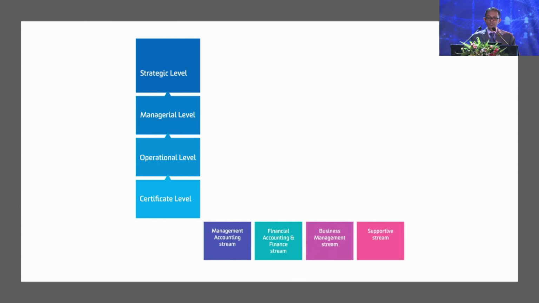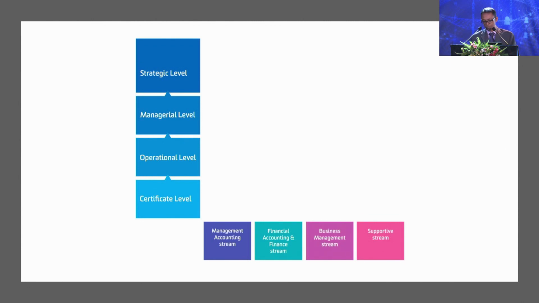The subjects are organized into 4 levels from certificate to strategic, and these subjects are again organized into 4 different streams: management accounting, financial accounting and finance, business management, and supportive stream. So we have attempted to maintain a 4x4 matrix, which was expected by many of our stakeholders.